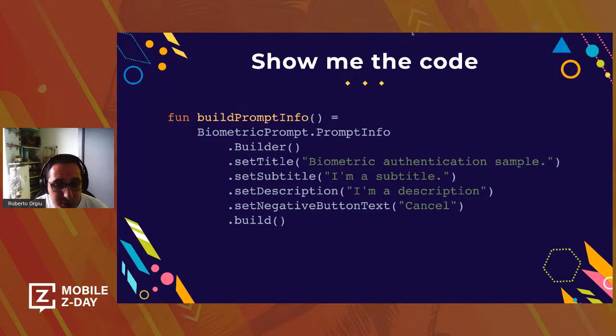So either we use the negative button to cancel the authentication, or we tell the user that they can use some other credentials. They cannot go in the same way. Otherwise, the last invoked will be the one that we will see in the UI. Once we set all the data that we want, we can build this prompt info, and we will use that later.